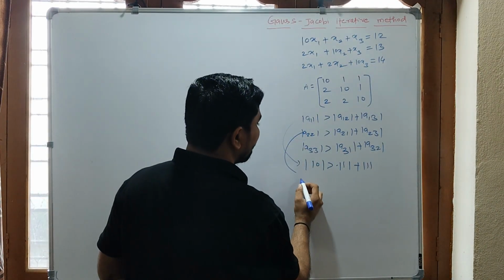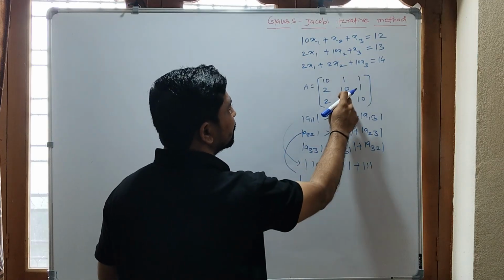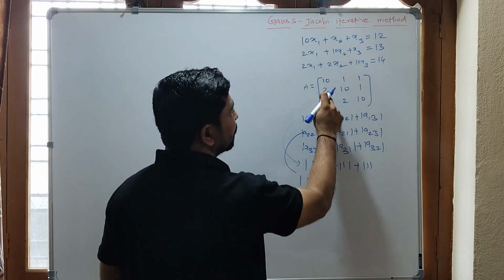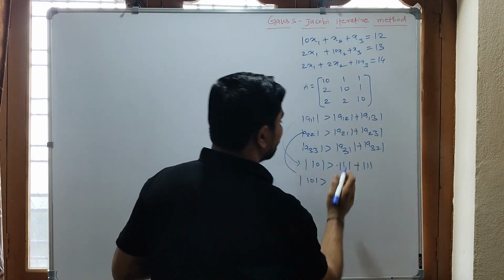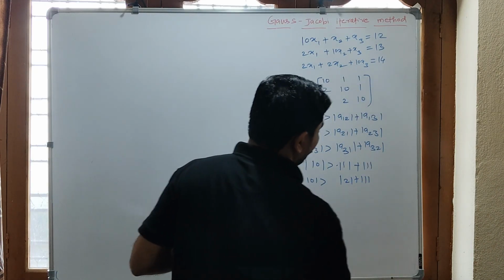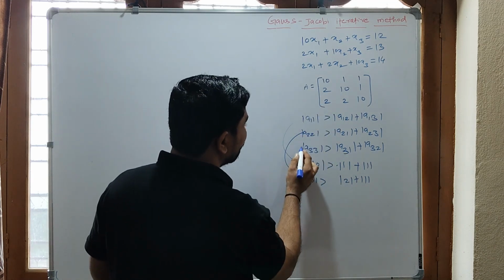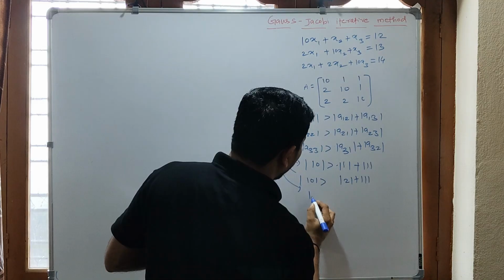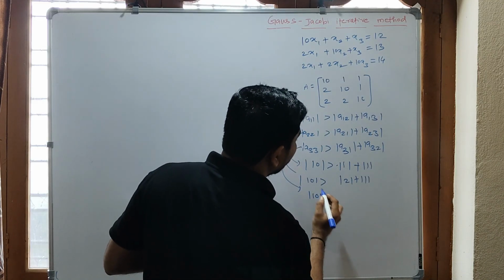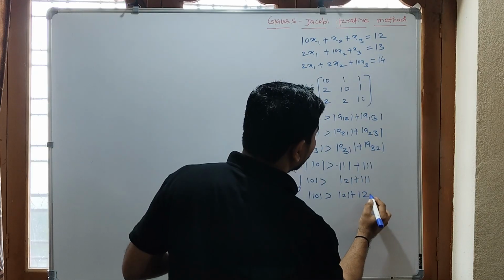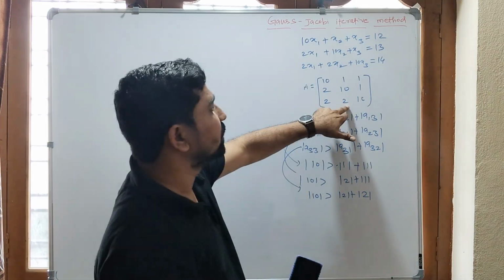Now come to the second row, A22 is this 10, strictly greater than A21, this is the A21 position, and this is the A23 position, that is 2 plus 1. Now come to the third row. Here the A33 position is this 10. Mod of A33 is strictly greater than A31, that is mod 2, plus A32, that is this 2.